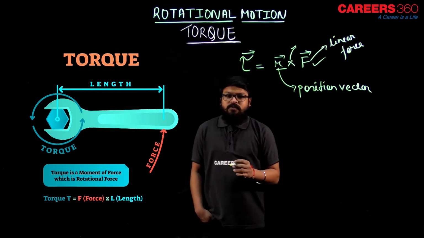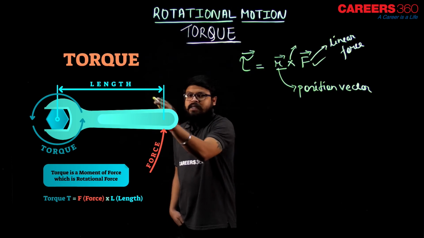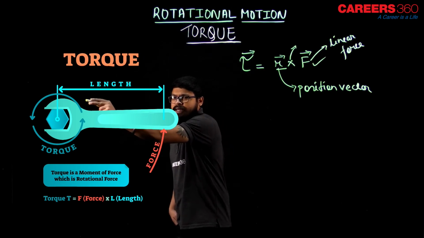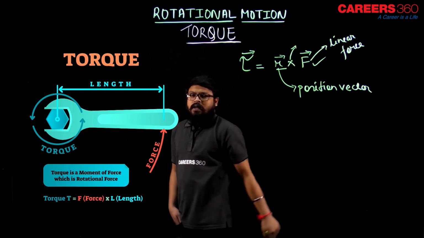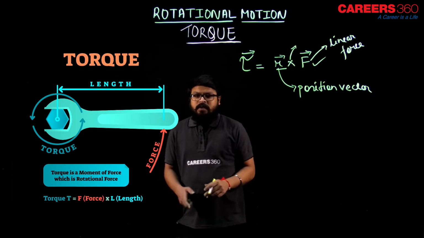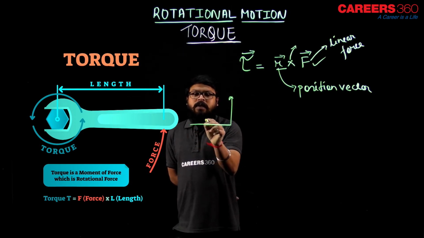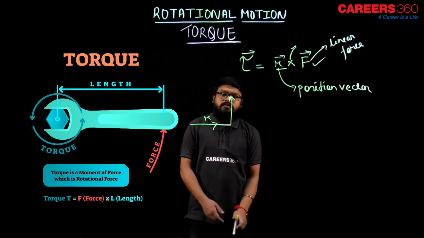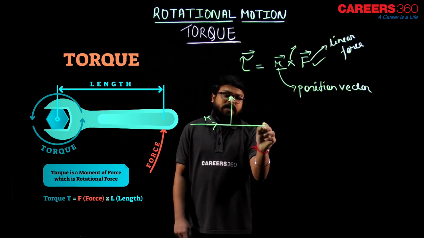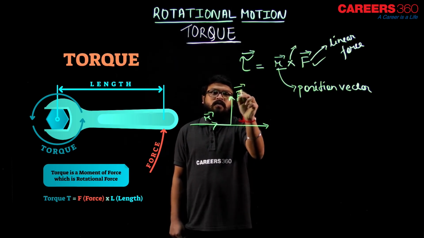F. So if I show you over here, as you can see, R is the length from the fixed point, that is the axis of rotation of the screw, to the point of application of force. So if force and R are both perpendicular to each other, and if I extend R, it looks somewhat like this.